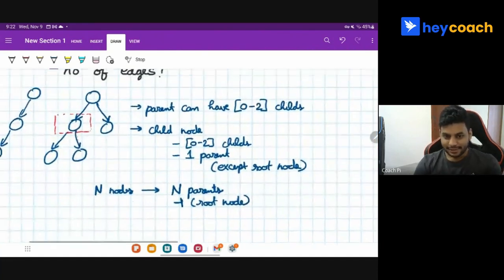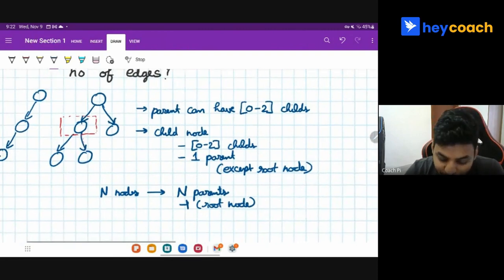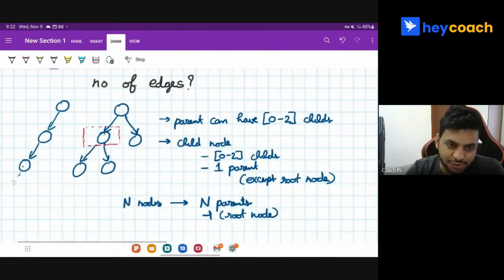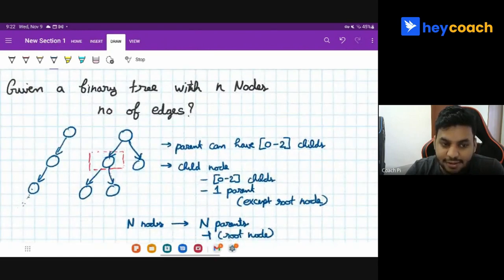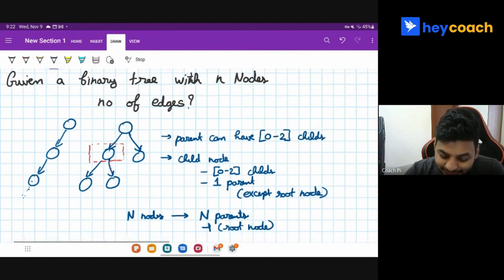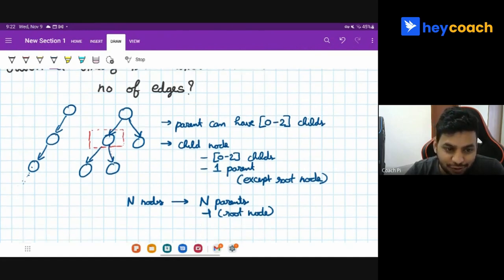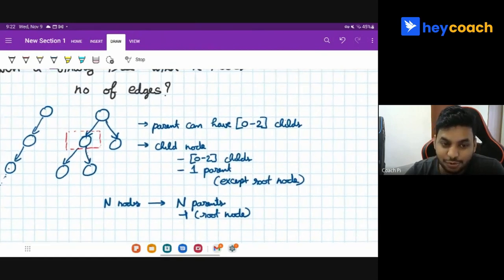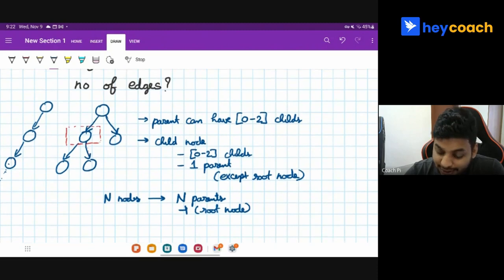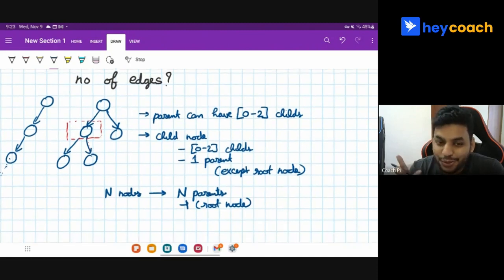So see, with this small observation, we have broken down the problem into a few stages. First, we identified whether any kind of ordering matters for us, whether any ordering is specified in the question, and then we concluded there's no ordering-specific information in our question. Then we tried to draw observations by looking at a particular node. We observed that a parent can have 0 to 2 children. Then we analyzed the node as a child node.